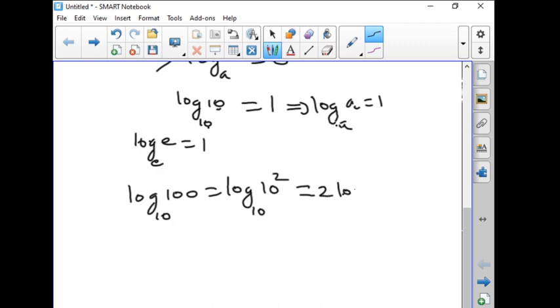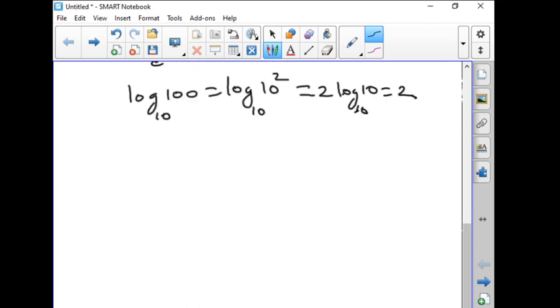So, 2 log 10 to the base 10, which is equal to 2, because log 10 to the base 10 is equal to 1. So, the value for log 1 is 0, the value for log 10 is 1, the value for log 100 is 2. What will be the value for 1000? 3. 10,000, 4. 1 lakh, 5. It goes on like this. So remember this.